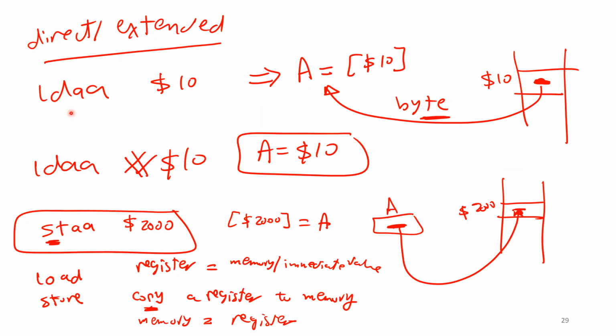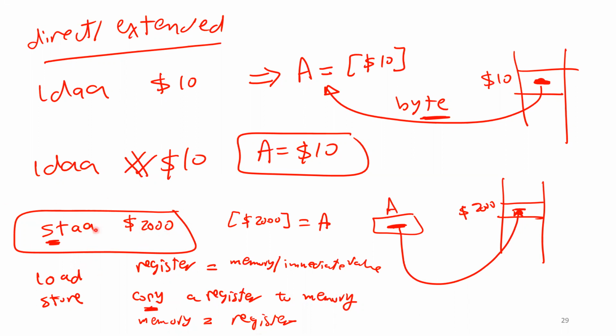One is called load. I told you load means you want to copy an immediate value or memory location to a register. Store should copy a register to a memory location, the opposite. So store should copy a register to a memory location, or memory location should equal register.